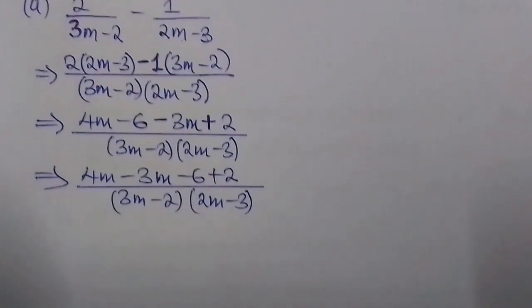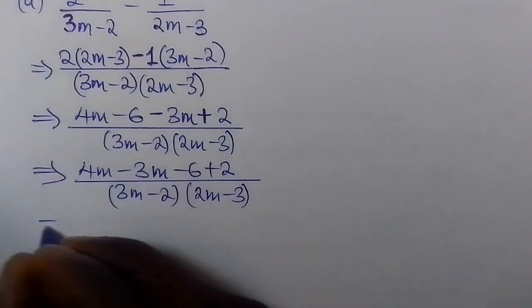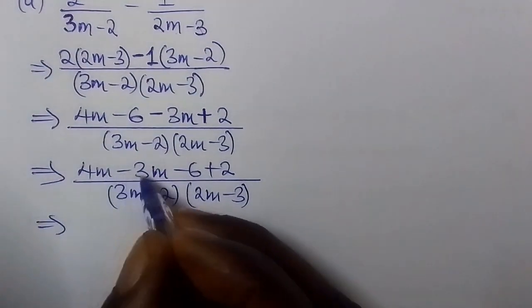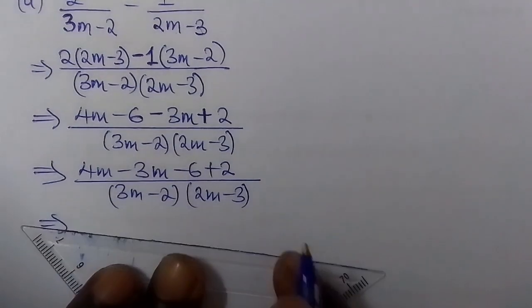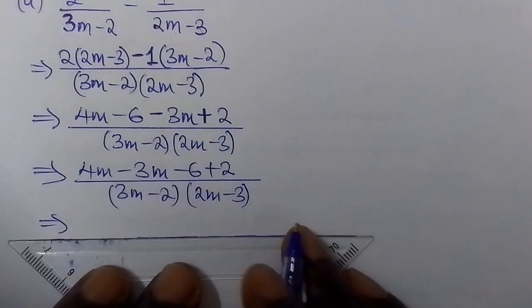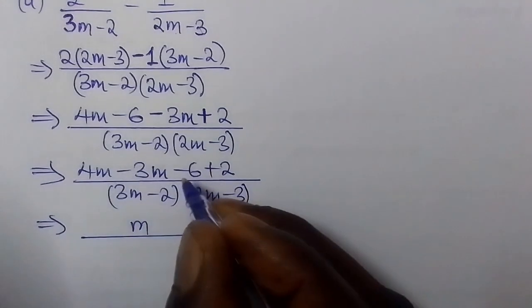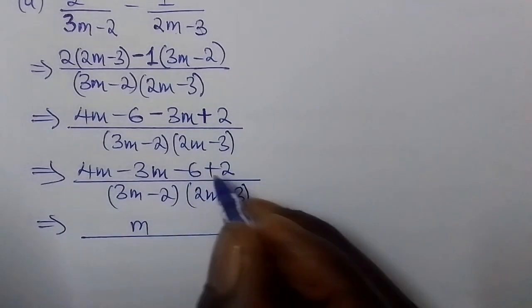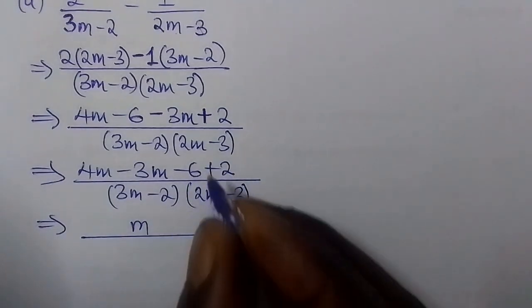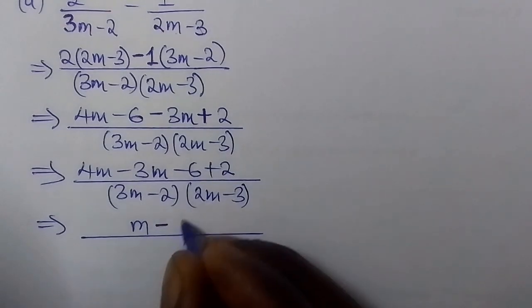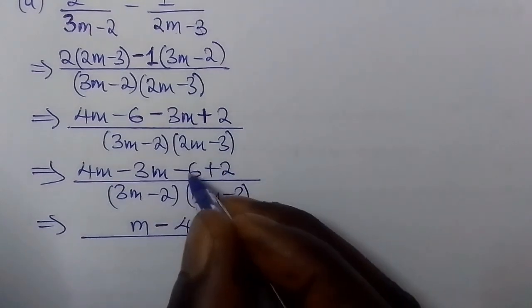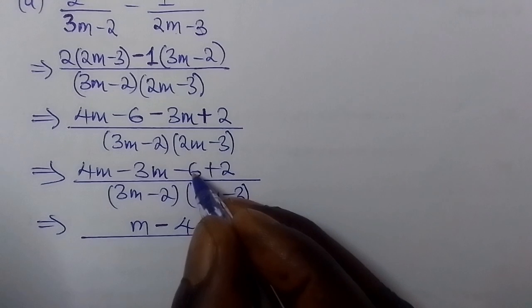Then we work out the like terms. 4m minus 3m gives us m. So this is just m. Then negative 6 plus 2, here we get negative 4. We keep the sign of the larger term and subtract.